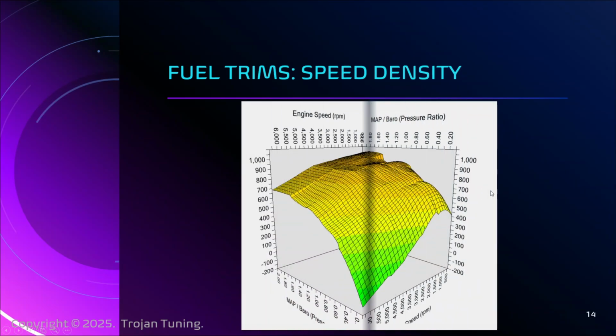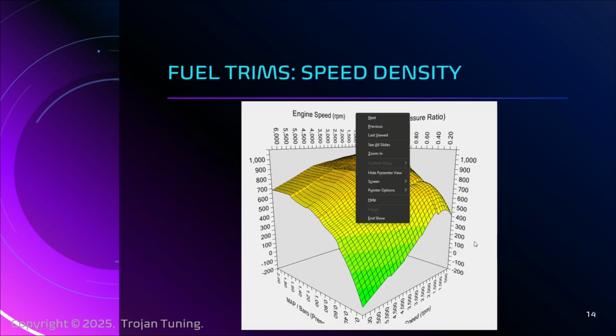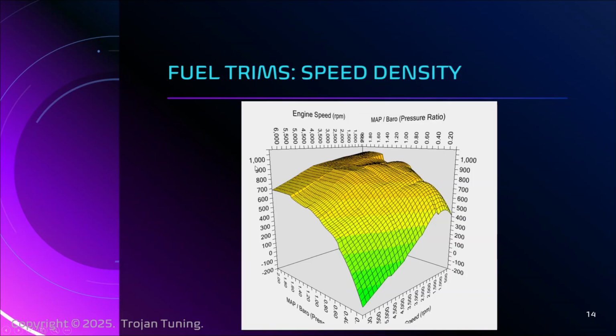When we come to the LT world, this is from a Chevy Camaro SS V8. This is very different. This is a virtual volumetric efficiency table. We see here that across one axis, we have the RPM.